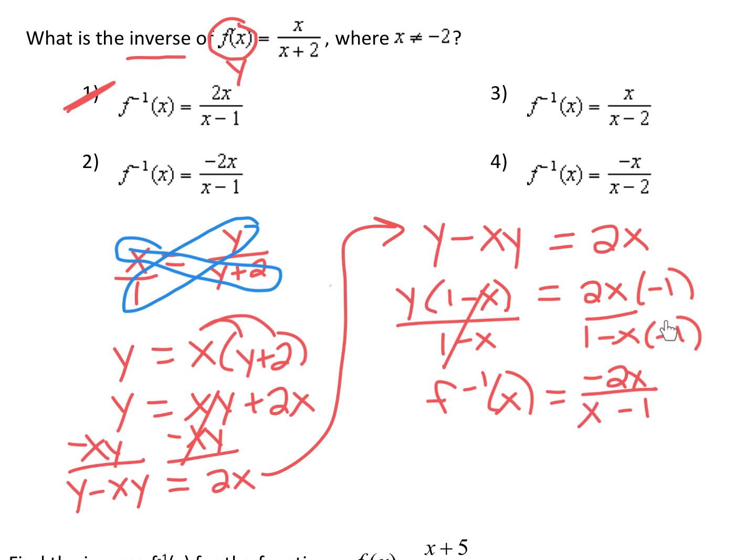Okay, I have a negative 1 and a positive x. So look at this. I was able to get that to match up with choice 2. So this one was really tricky because not only was there two y's in there and you had to factor them out and divide, but then you had to manipulate your answer to get it to look like one of the answer choices. So that was pretty tricky.